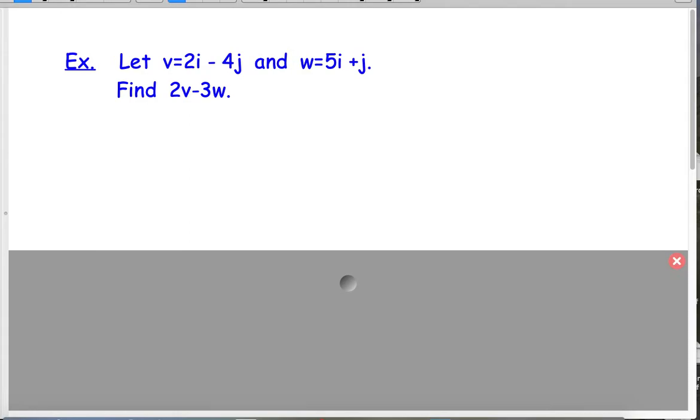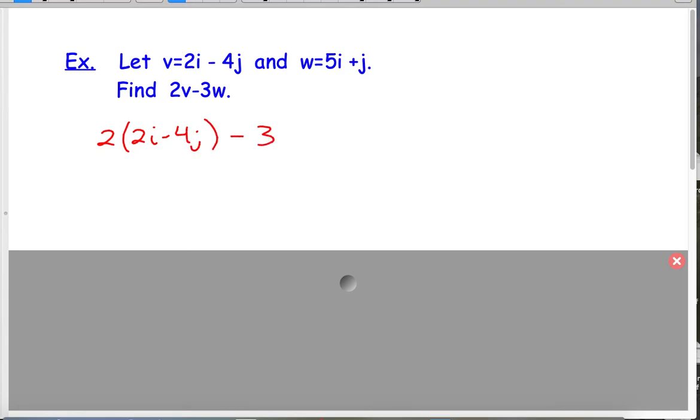Another example, let v be the vector 2i minus 4j, and w is the vector 5i plus j. Find 2v minus 3w. So it's probably exactly what you would think. So 2v means I'm going to do 2 times 2i minus 4j.